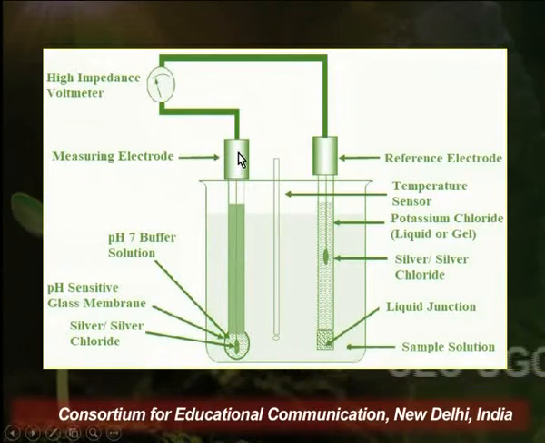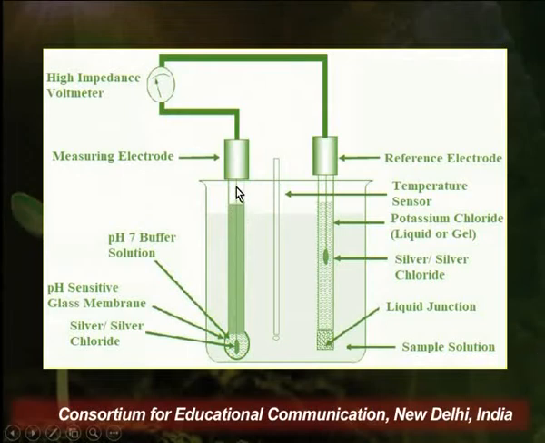This electrode is always subjected to the sample solution. At the end of this measuring electrode, there is a bulb-like structure also called the glass membrane. It has a similar electrode made up of silver or silver chloride, and the buffer of the solution present inside this bulb happens to be 7.